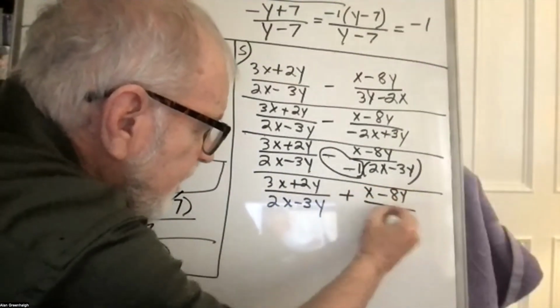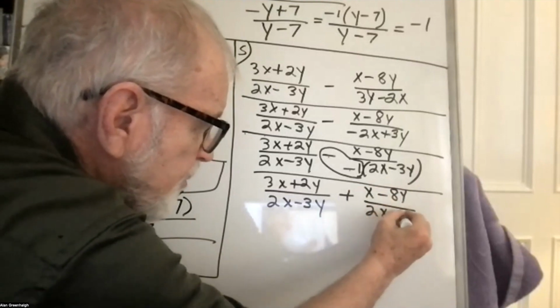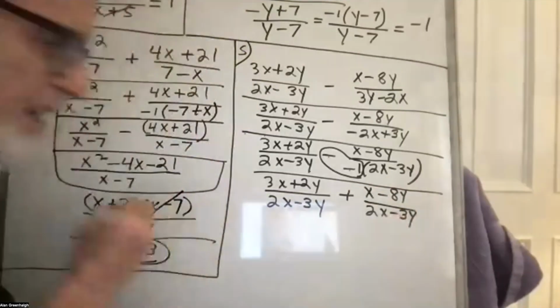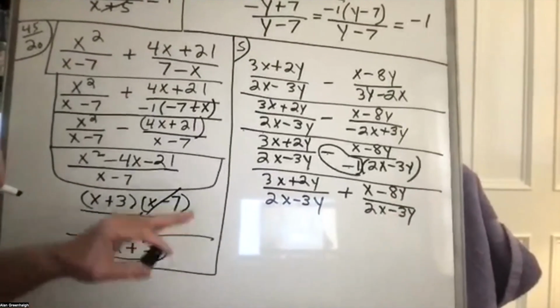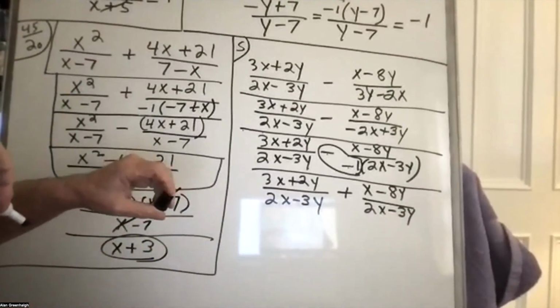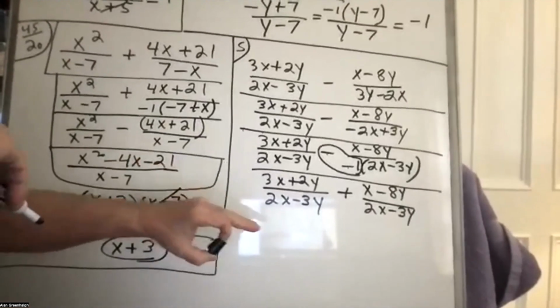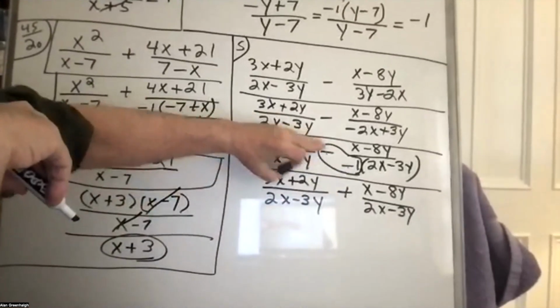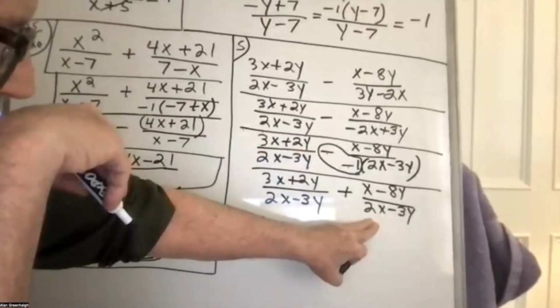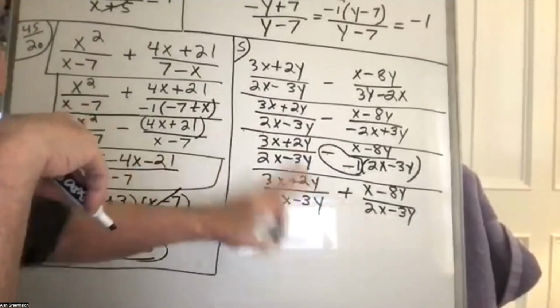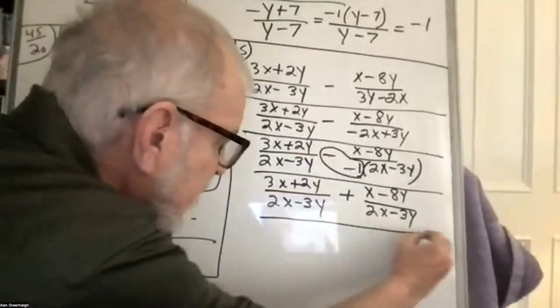These little, I won't call them tricks because they're not tricks. They're just insightful steps that you would take to make the problem a little more palatable to do. Now we have the same denominator, we have a plus sign, everything is as good as it could get.